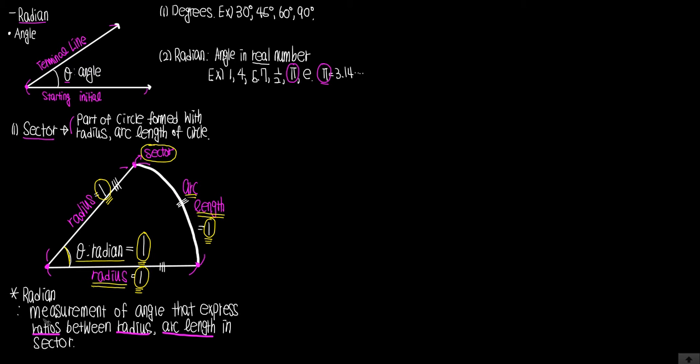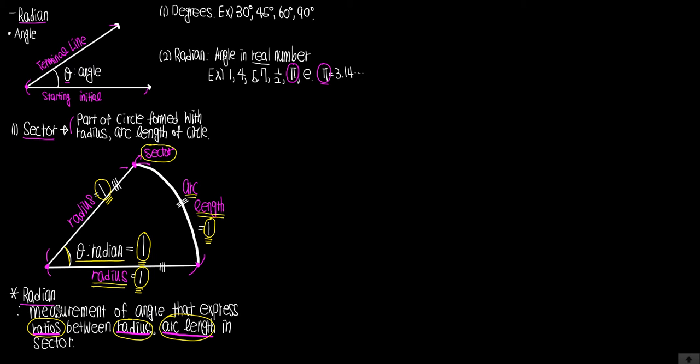And the thing we need to be interested in is our ratio: the ratio between the radius of our sector and part of the circumference of a circle, which we call the arc length. And this is the basic definition of the radian in our sector.